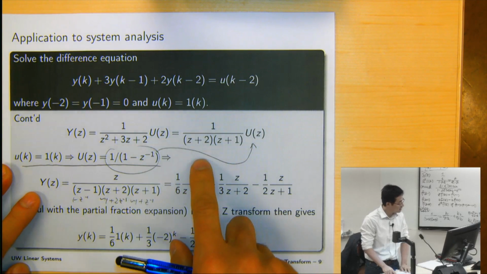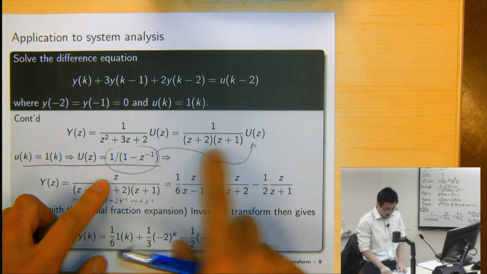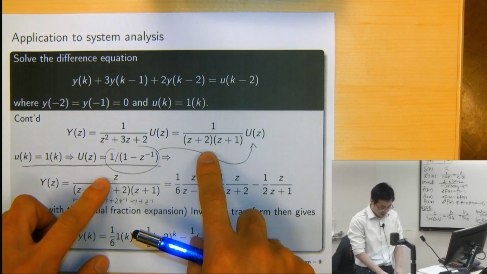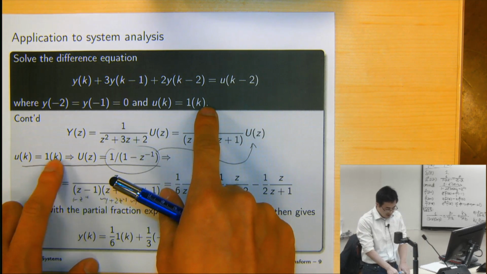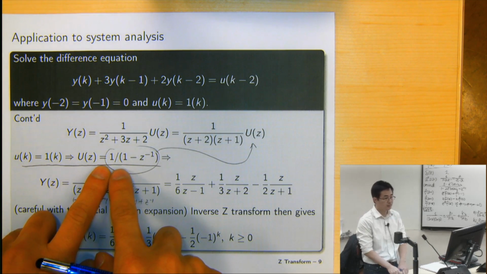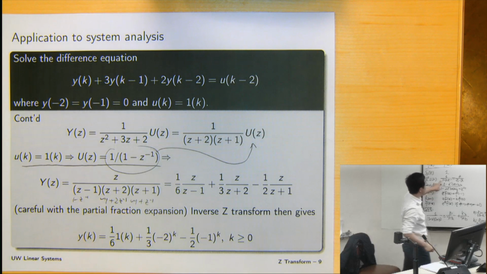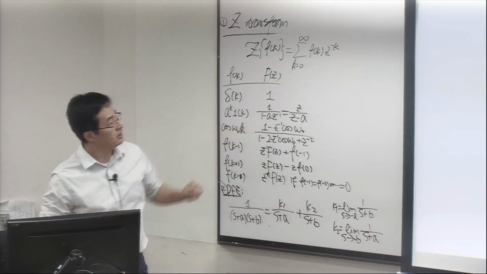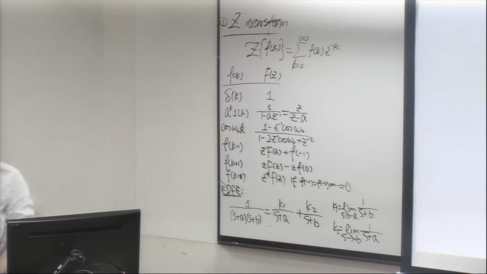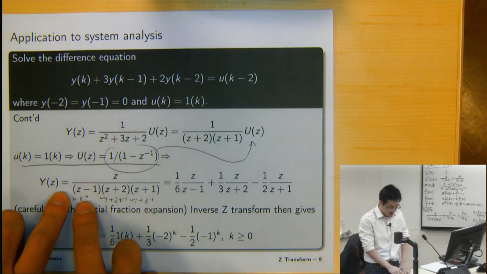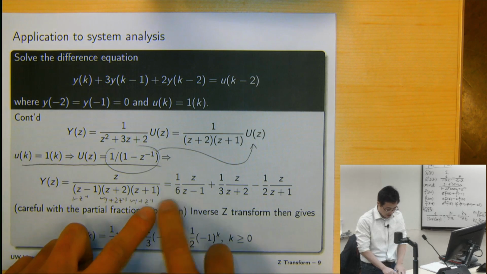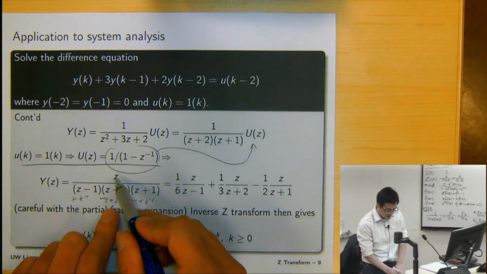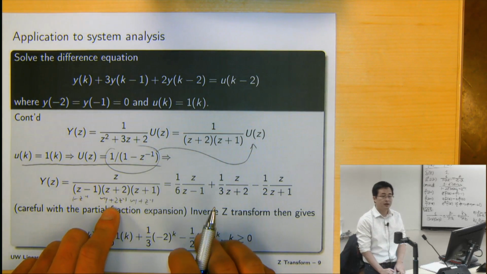Last time we derived the transfer function, and we discussed the Z transform of the step function, which uses this formula precisely with a equal to 1. So we figured out how y looks in the z domain. So here now we're doing this step. How do we go from here to here with partial fraction expansion?